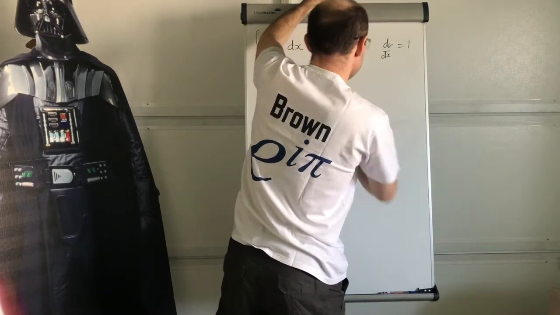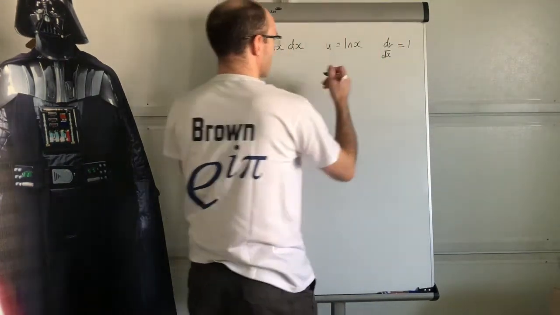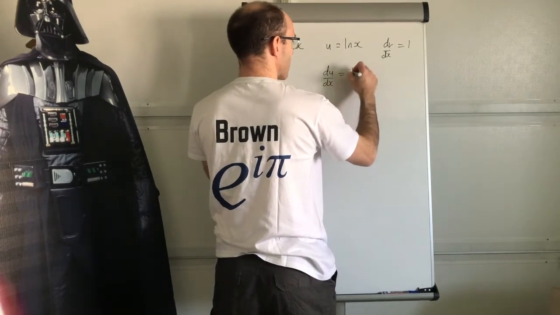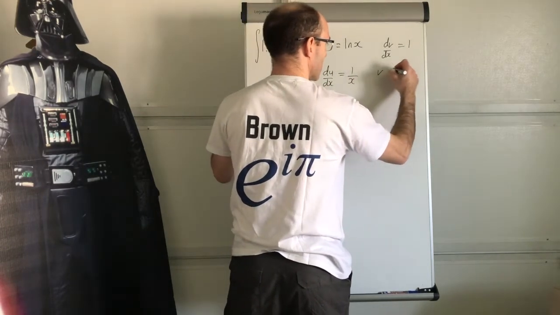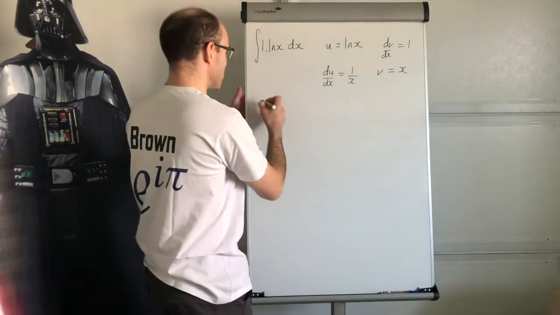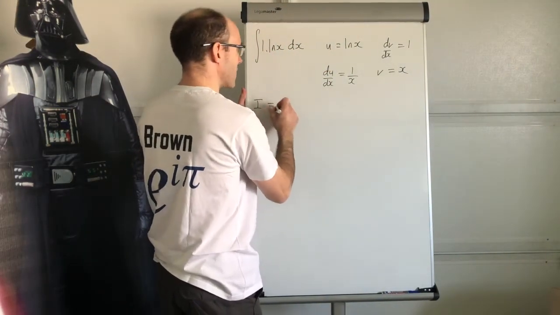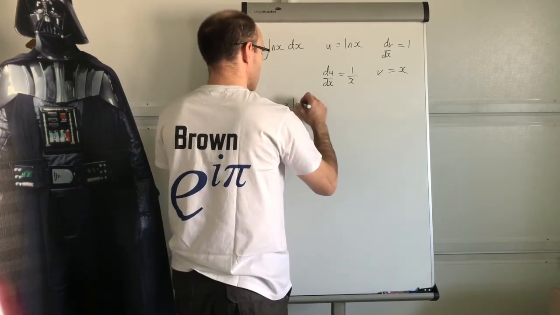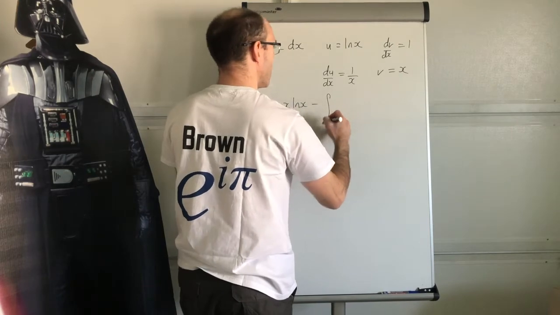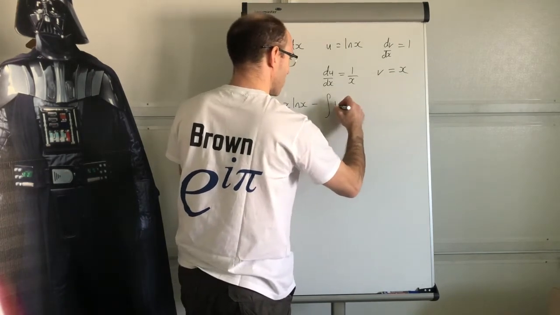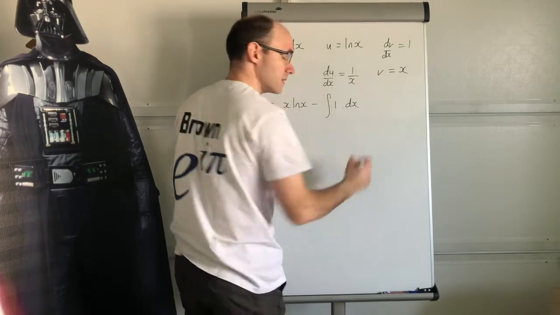Right? So, du dx then will be 1 over x, and v is going to be equal to x. And then let's see what happens. So the integral becomes uv, which is x natural log x, subtract the integral of v du dx, which is x times 1 over x, which is 1, dx.